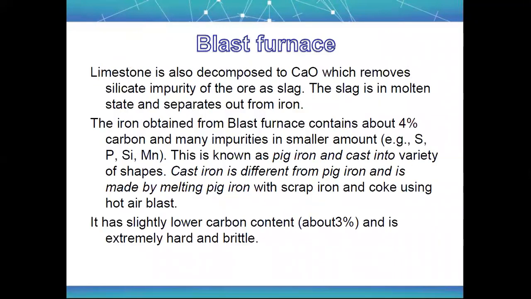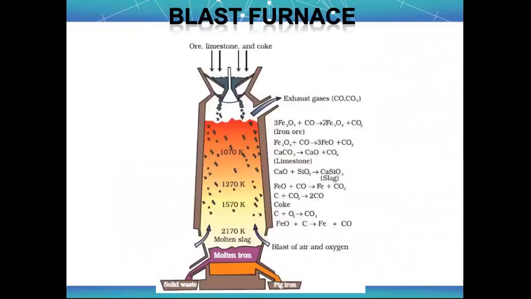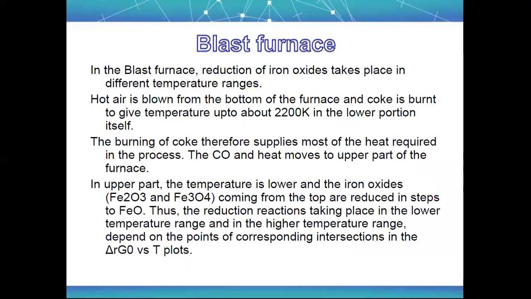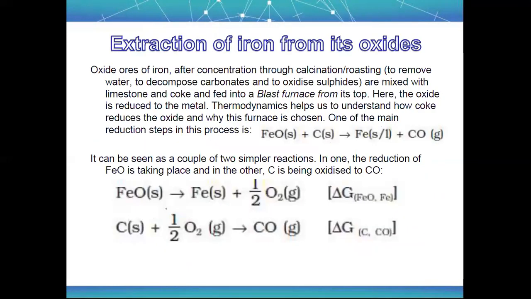This is the blast furnace. As you can see, we have the main ore, we have limestone, we have coke here. So many things are entered into the blast furnace from the top. After that, the oxides are reduced to the metals.